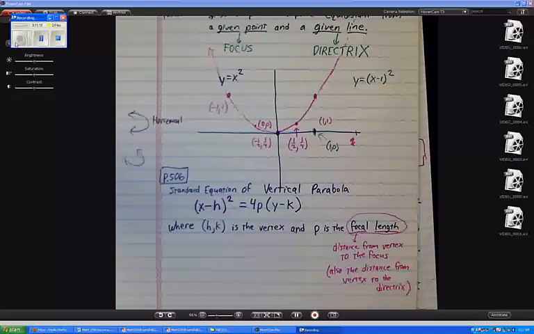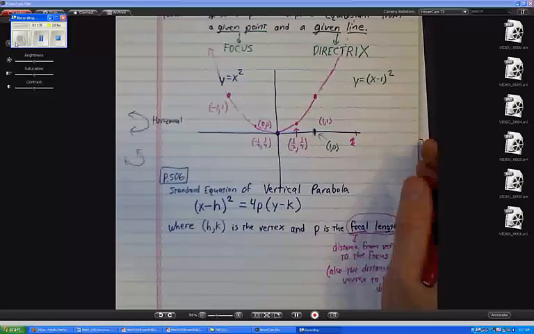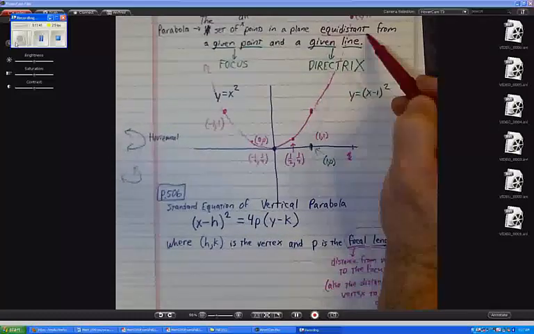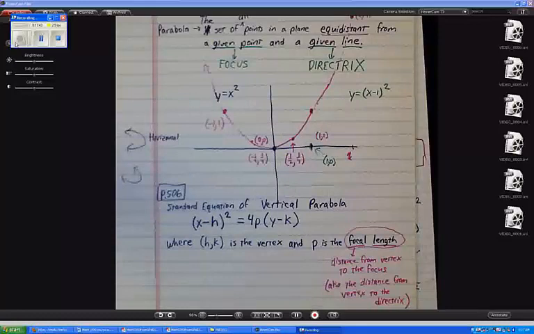Why would this have to be true? If it's the distance from the vertex to the focus, why does it also have to be the distance from the vertex to the directrix? They have to be the same. How do you know that? In the definition, where was that word? Ah, there it is. Equidistant. All right? So I need to start doing examples to make this all make sense. That's all the definitions I need right now. There's one more in the book that I'll probably wait on.